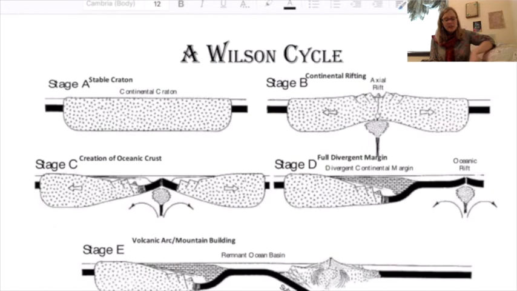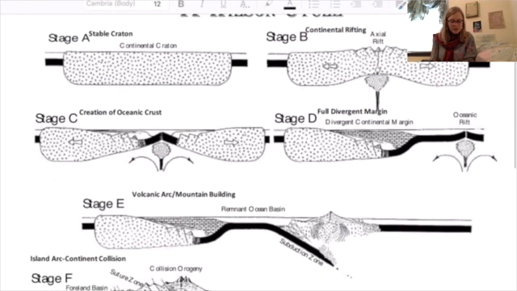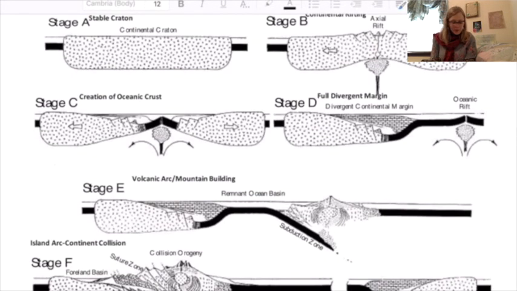In stage C, we're focused just right there in the middle of that oceanic crust where we've got convection cells coming up. It's melting the asthenosphere, creating new magma, which is going to come up and create new ocean crust, which is an igneous rock.